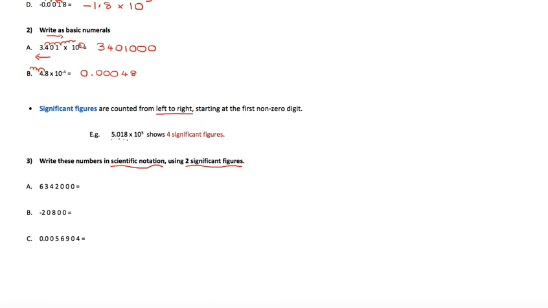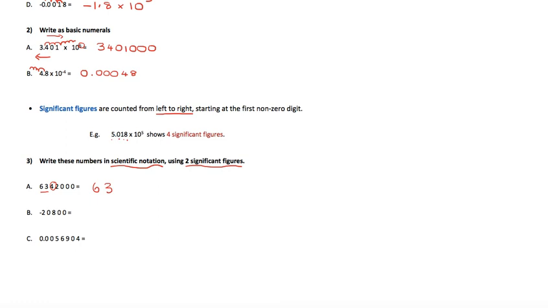It's similar to rounding. So the first 2 significant figures are the 6 and the 3. So if I need to present it in scientific notation, I have to look at the value behind the 3, and if it's 5 or less, it is not affecting the 6 and the 3. So it's going to end up being 63.